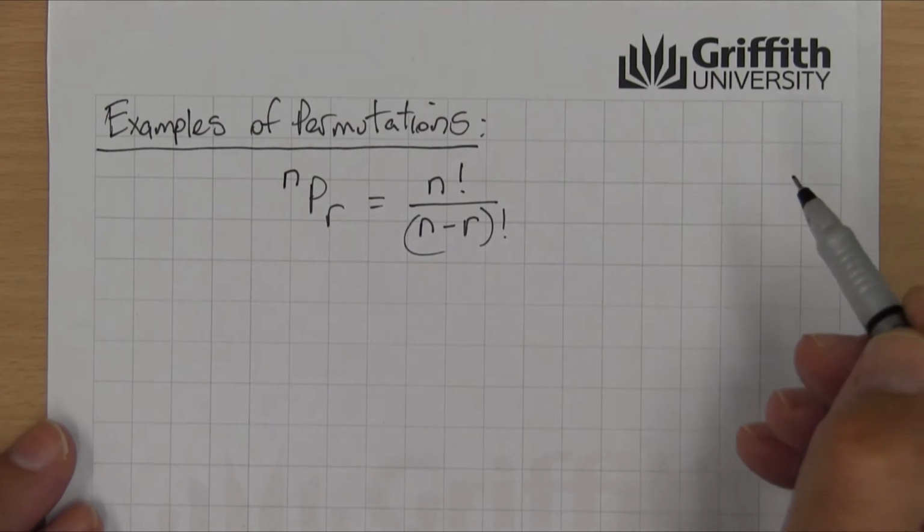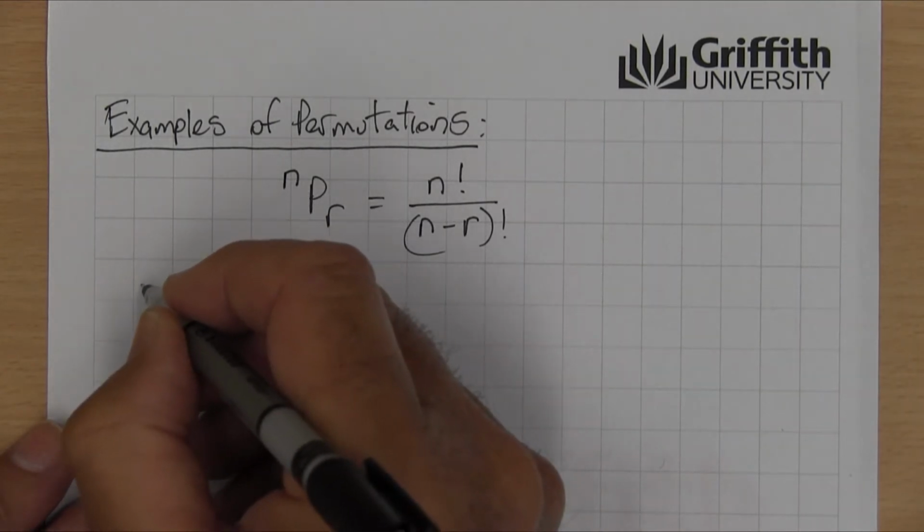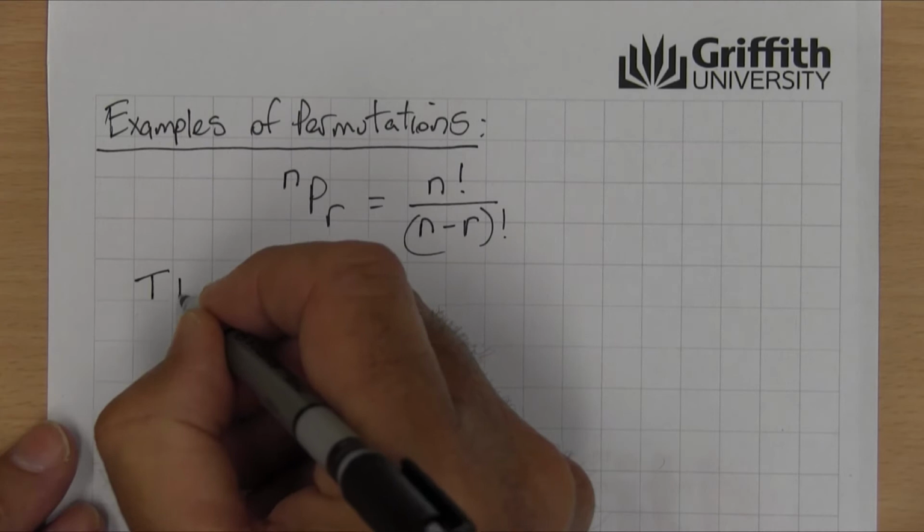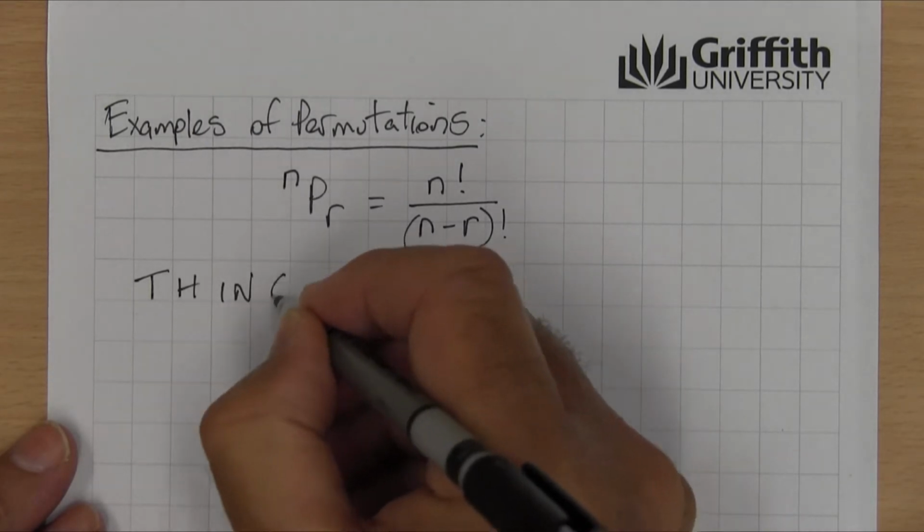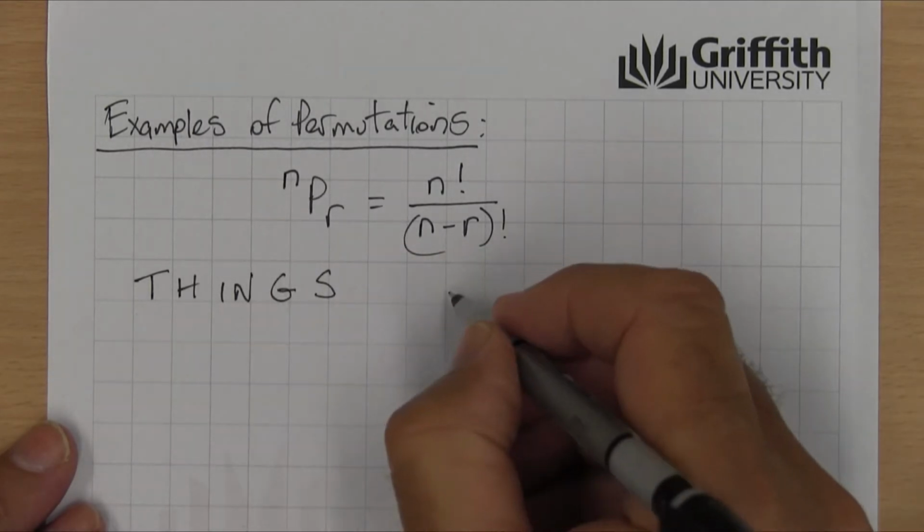events may occur. So we have the letters T-H-I-N-G-S. There are 6 different letters.